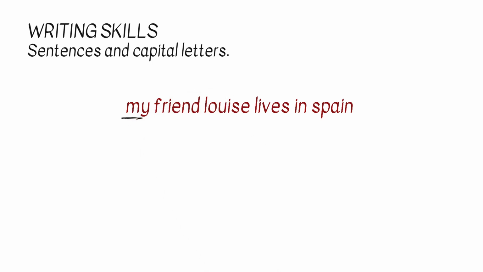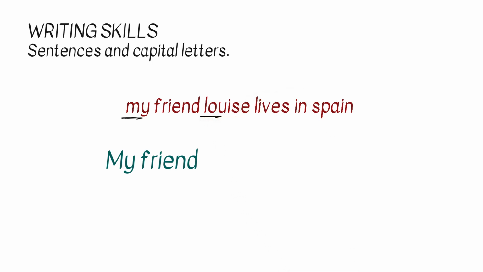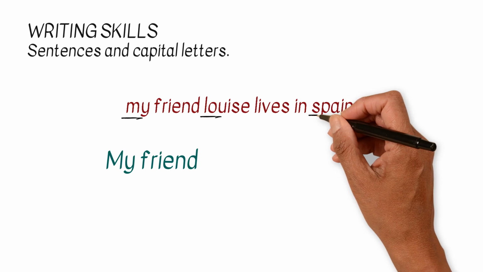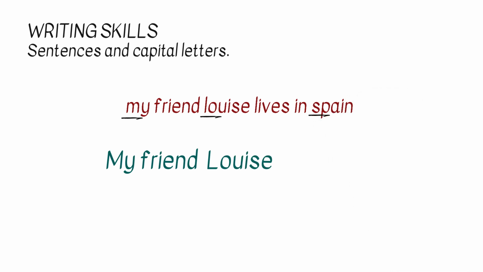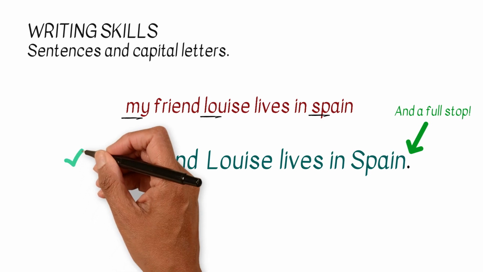Okay, firstly, the first letter of this sentence needs to be a capital letter. Also, Louise is a name and Spain is a country, a specific place, so also needs a capital letter. How did you do? Did you spot them all? Okay, let's try another.